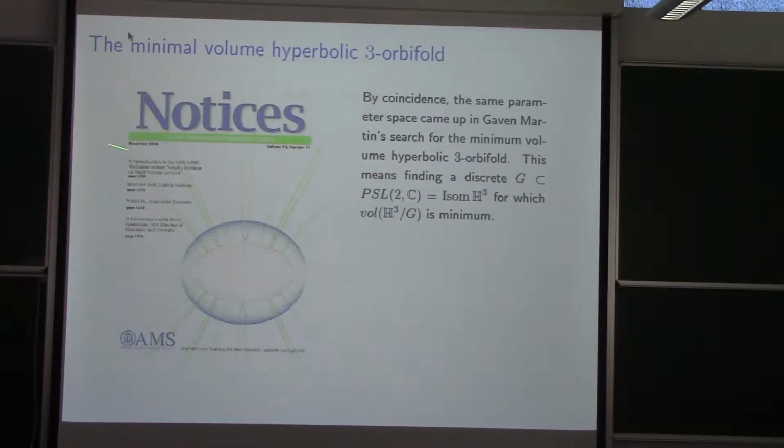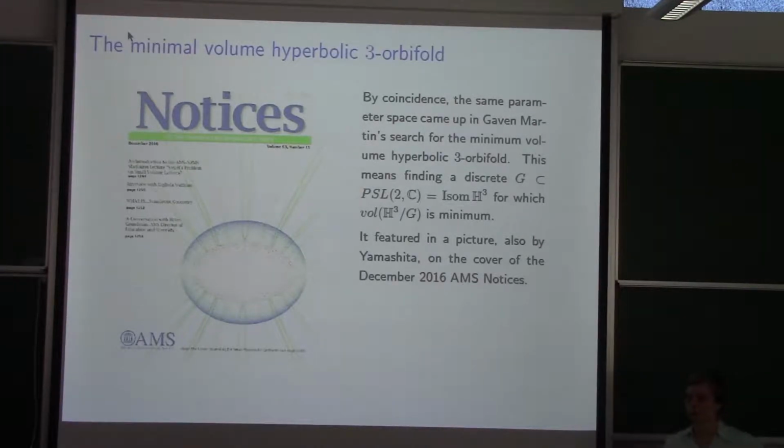The cover tells us that this picture is somehow connected to Gavin Martin's search for the minimum volume hyperbolic 3-orbifold, which was a massive project carried out by Gavin Martin and Fred Gehring and Colin Maclachlan and Alan Reid and many people over many years. So finding the minimum volume orbifold, and somehow this picture is related to it.